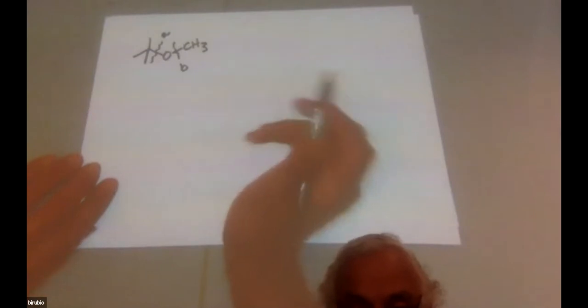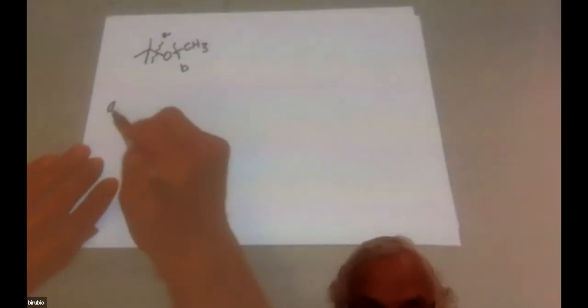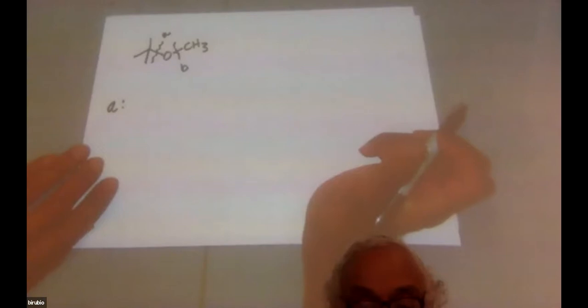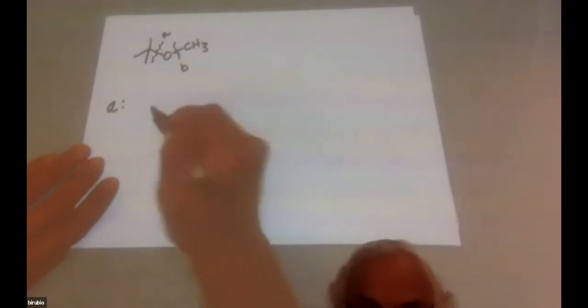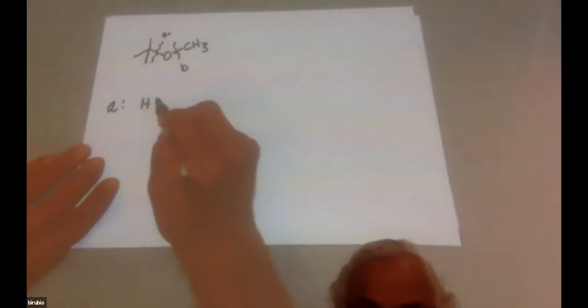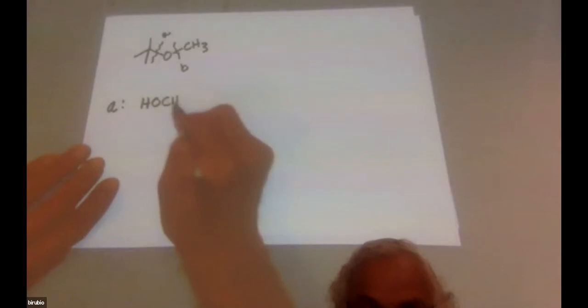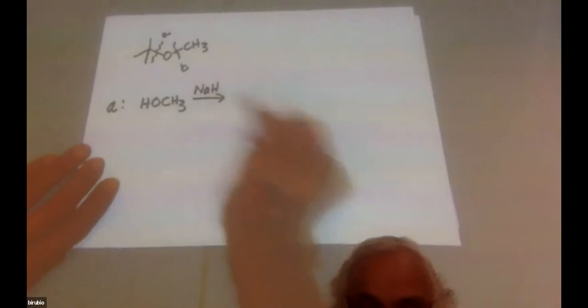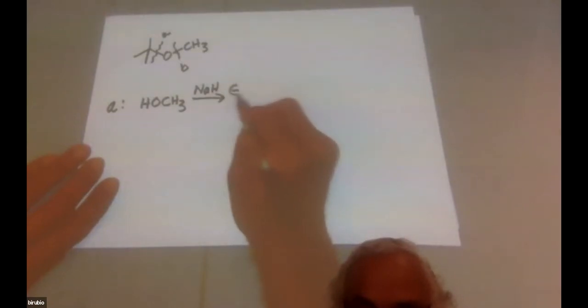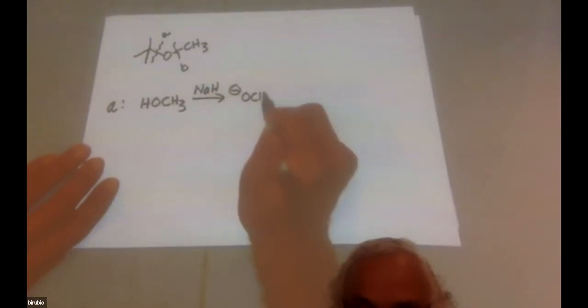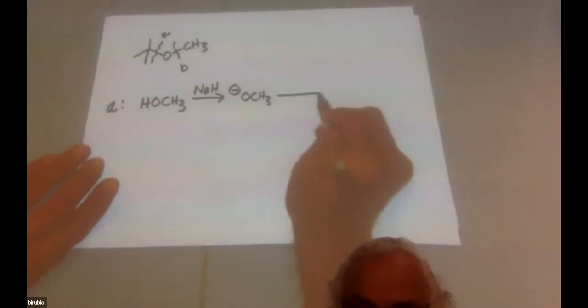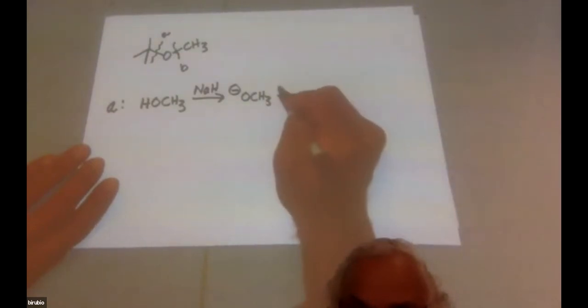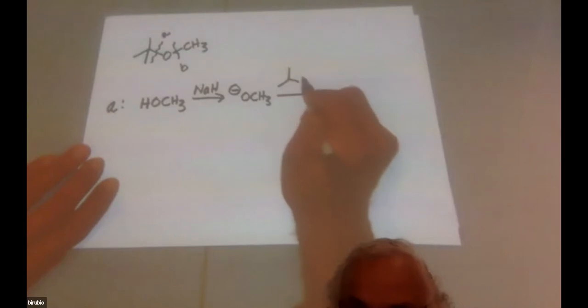All right, so let's look at A, and let's see why this is not going to be any good. That means we would start out with this alcohol, methanol, react that with sodium hydride, and so we get this methoxide, and now react that with this.